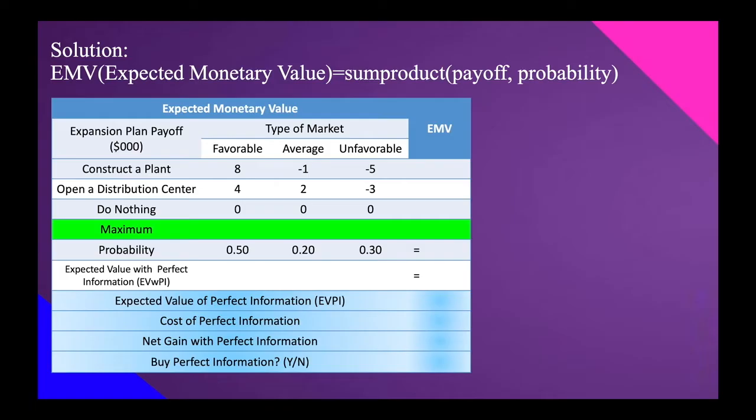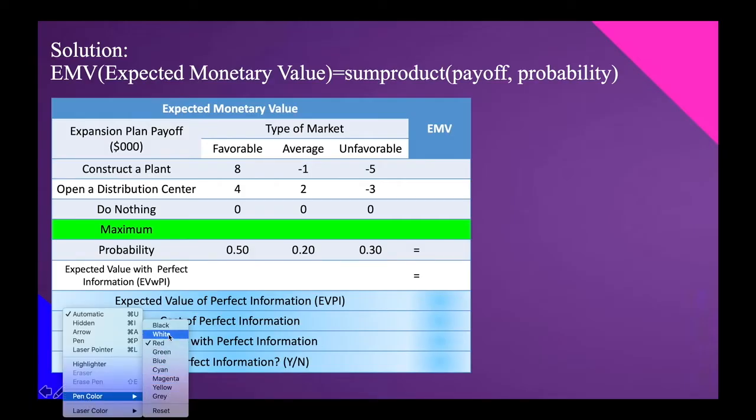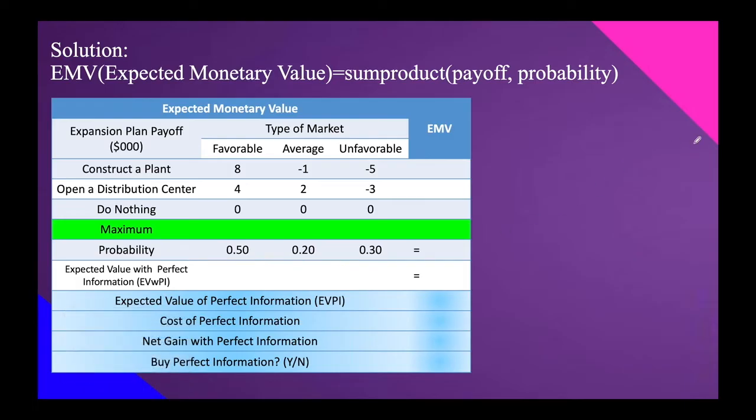Actually, we have here the formula regarding the EMV. Again, when we say EMV, this is the expected monetary value, and to get it, it is the sum product of the payoff and the probability. I hope by this time you're already familiar with sum product. It was discussed in Microsoft Excel, under the computer fundamentals subject.